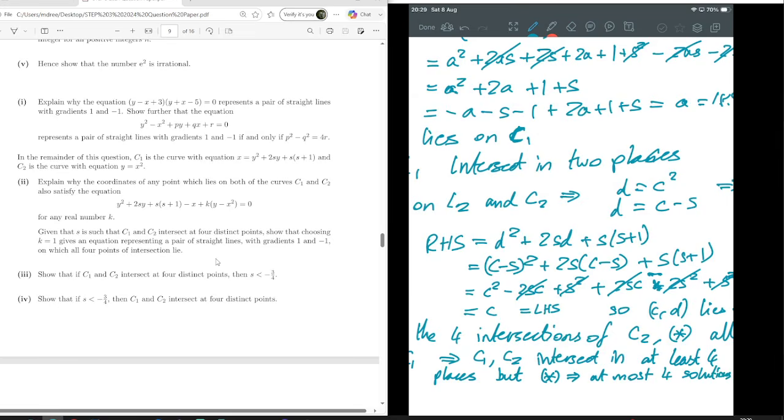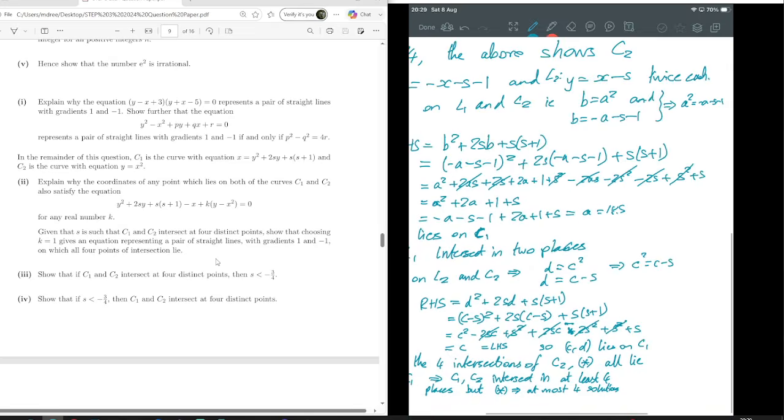I'm squeezing onto the bottom of the page again. It's a bad habit. So therefore, C1, C2 intersect in 4 places.